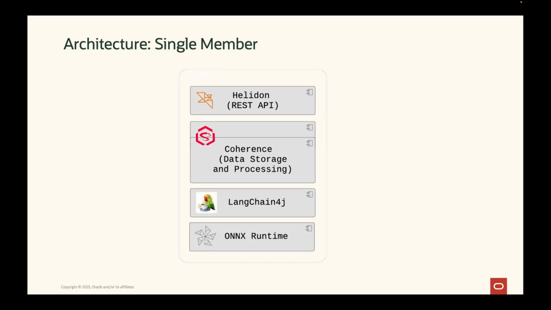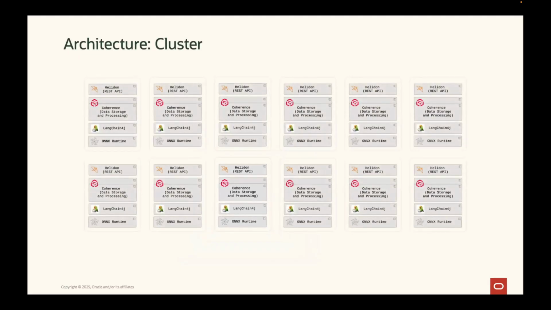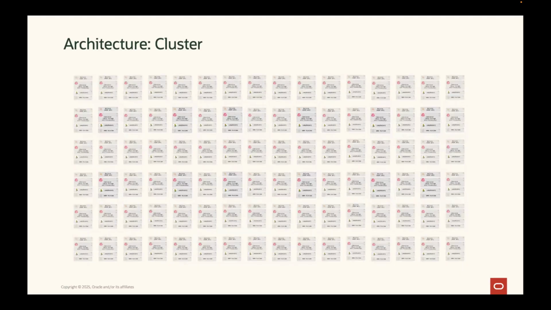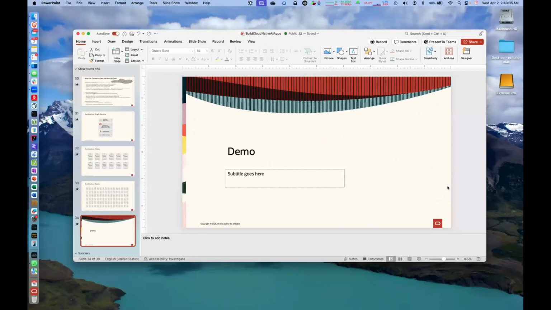So as a single JVM, or you massively parallelize it across a cluster, and this can scale out to a fairly large degree. So let me show you what that might look like.